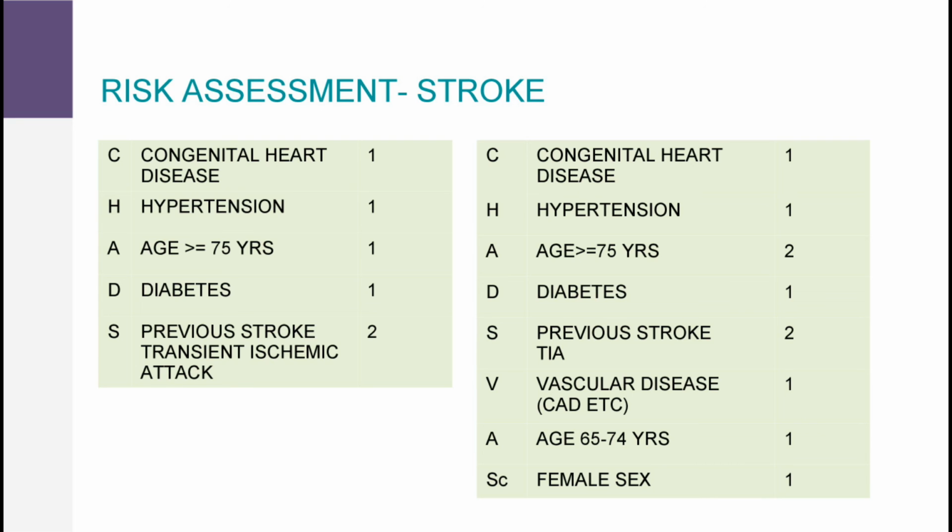We have seen stroke as a major outcome of AF. CHADS-2 and CHA2DS2-VASc are the risk stratification tools developed to assess the likelihood of developing a stroke within 1 year of AF. They also guide a physician on the type of therapeutic intervention that may be required.